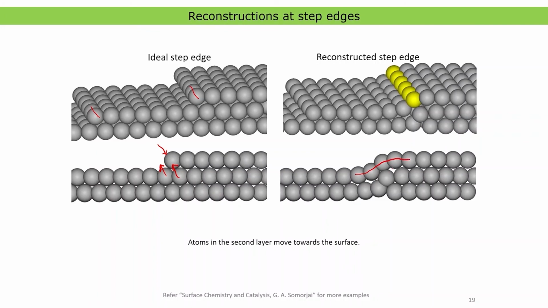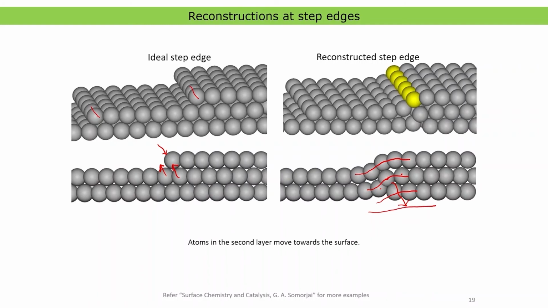A lot of other atoms, as you see here, have also followed the changes that happened at the surface. Eventually, as you go into the bulk, these changes mellow out, and finally you get a smooth lattice as you would expect in the bulk.